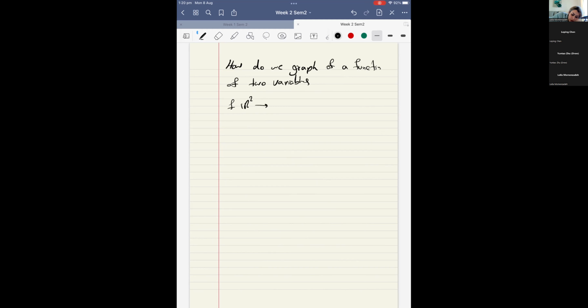What does the graph look like? Such as this graph. Can you graph it in 2 dimensions, or should you use 3 dimensions? What do you think? 3 dimensions, exactly.